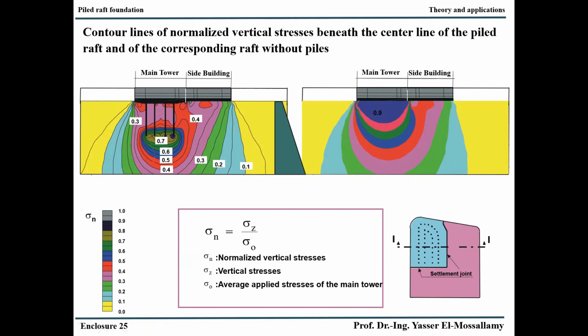If we consider that in over-consolidated clay, also in normally consolidated clay, also in sand, the E modulus is actually stress dependent. Therefore, the E modulus increases in most of our cases with depth. That means by applying wide raft foundation, we rearrange the stresses so that we don't have such huge stresses just below the raft where the E modulus is smaller.